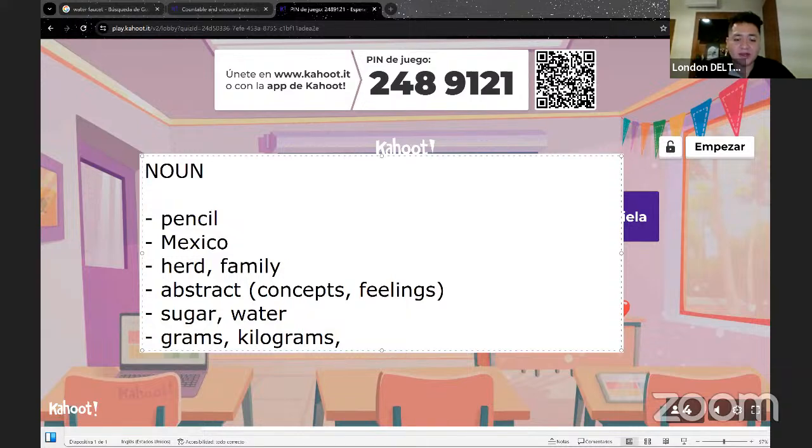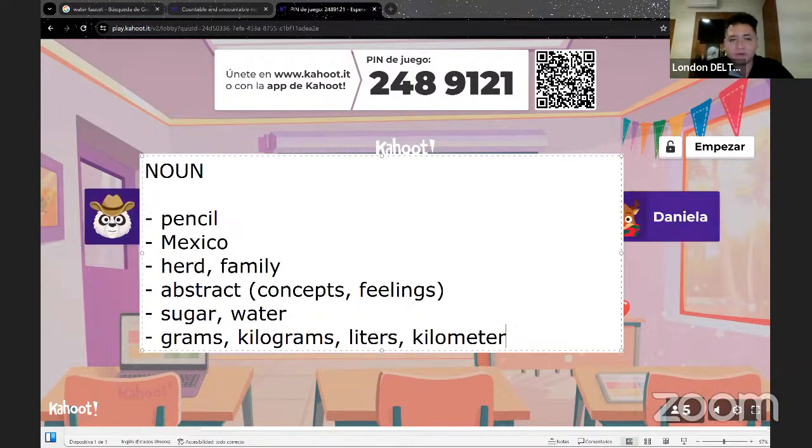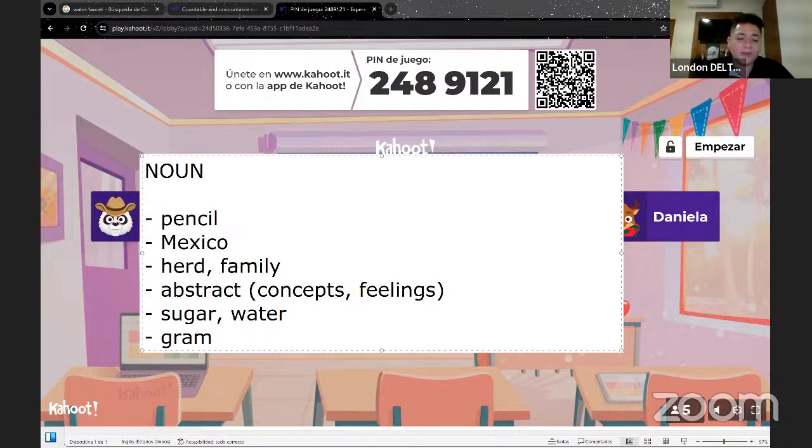So you could say liters, milliliters, litros. You can use kilometers, kilómetros, ¿ya? Y bueno, así es como podemos medir cosas que son incontables, pero en sí no tienen una forma de poderse contar. So that's what we're going to check here.